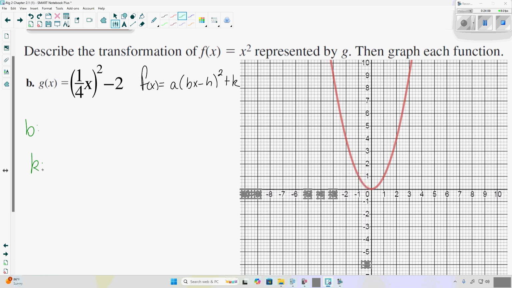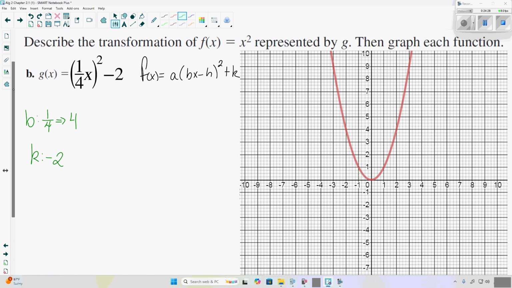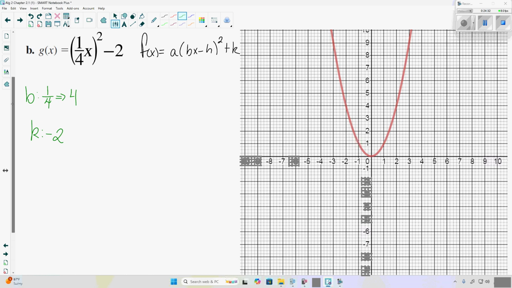Here we have two different transformations. We have a value for B and K, yes? Let's start with K. K would be what? -2. Now specifically, the number in place of B is 1/4. But the number we want to look at really is the reciprocal, the flip of it, which is 4.